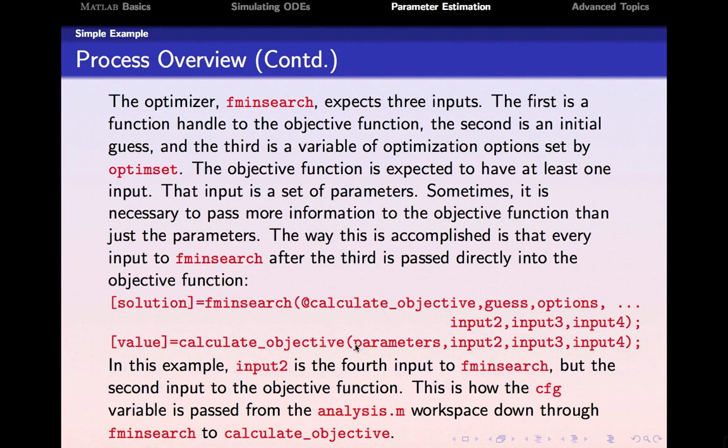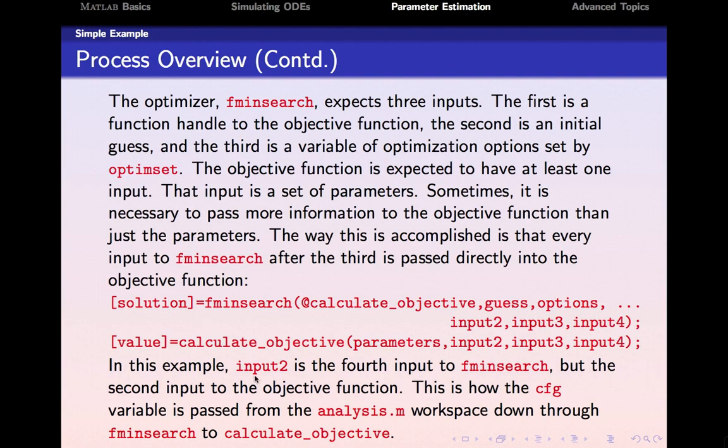So calculate objective will have parameters as its first input, but then everything after options will then be passed on. So in this case, I have input 2, input 3, and input 4. Input 2 is actually the 4th input to fmin search. Input 3 is actually the 5th input to fmin search, and input 4 is actually the 6th input to fmin search. These will then be passed directly to calculate objective.